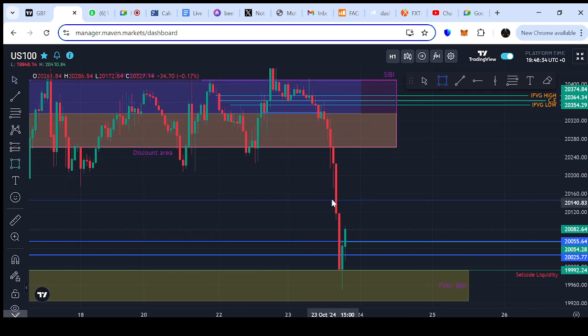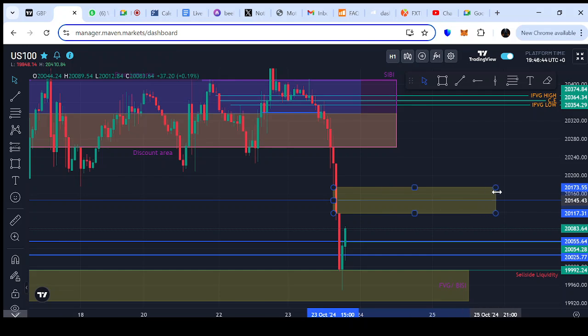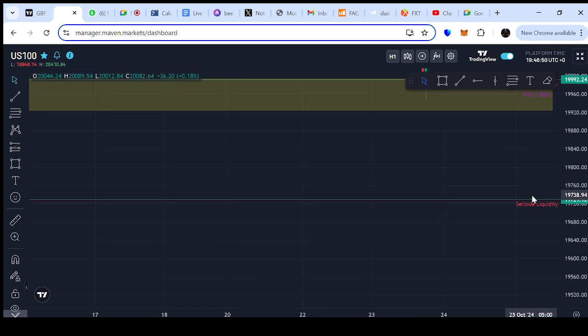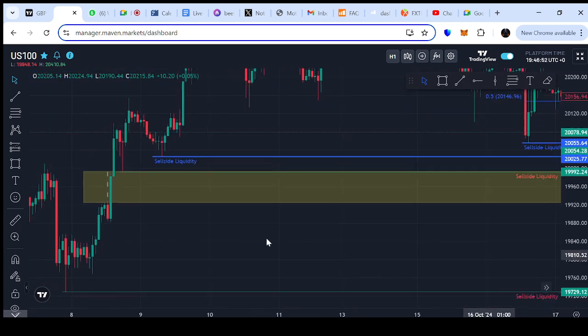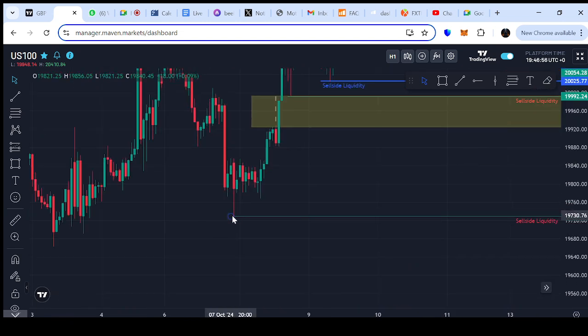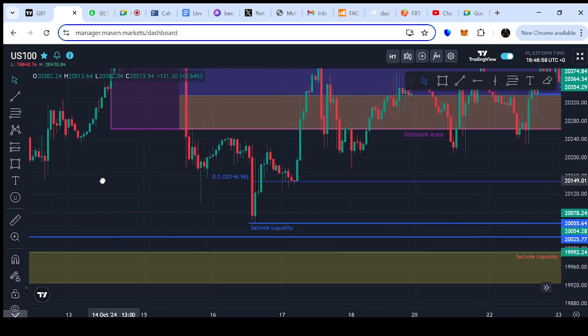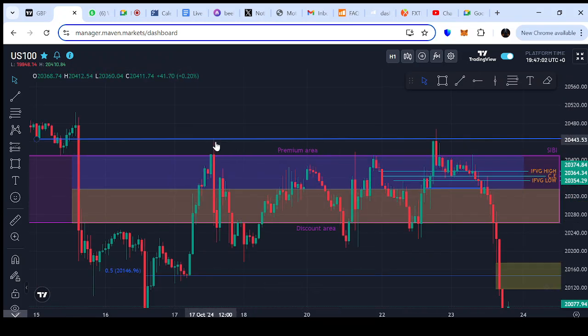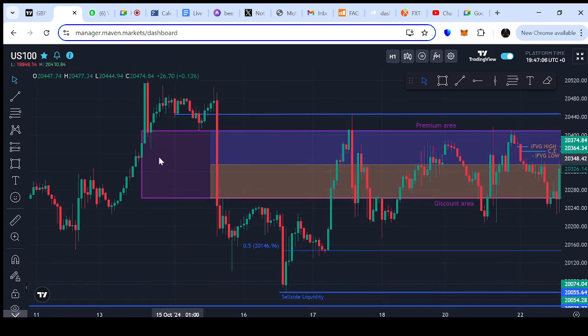Here is an inefficiency too, between this candle. It will serve in the future too. So we'll be anticipating price delivering inside here. Once price delivers inside here, you can short. Then you look for this sell side liquidity here because we are in sell delivery. We are in sell delivery since we have taken out the daily buy side liquidity, which is here, then delivered into this inefficiency.